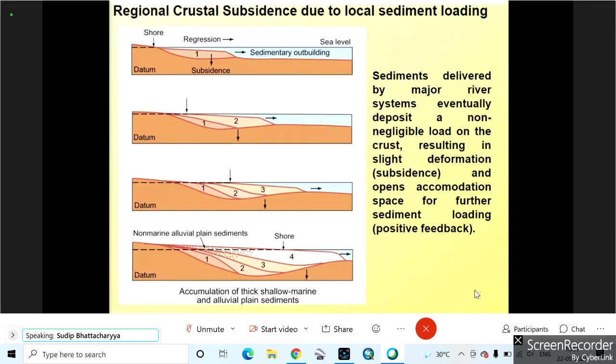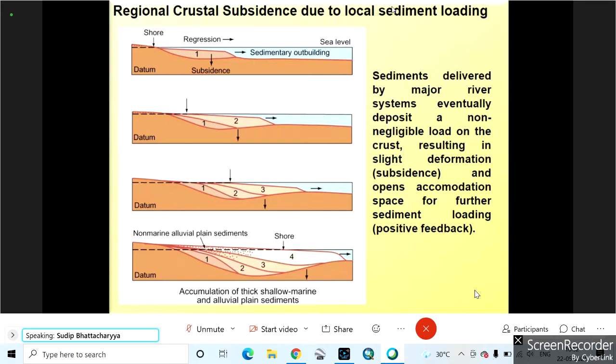We have seen that when sediment is coming and it is accumulating on a depression, slowly and slowly the sagging part is being increased, and more load of sediments are coming, and it will be deposited or accumulated in the basin, and the basin is being enlarged in itself.